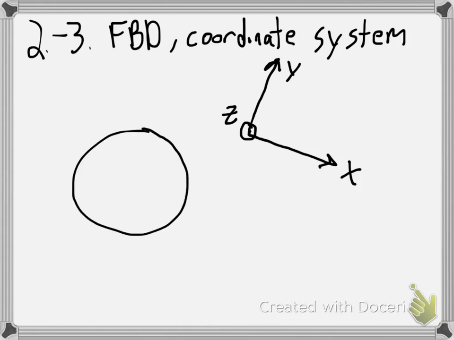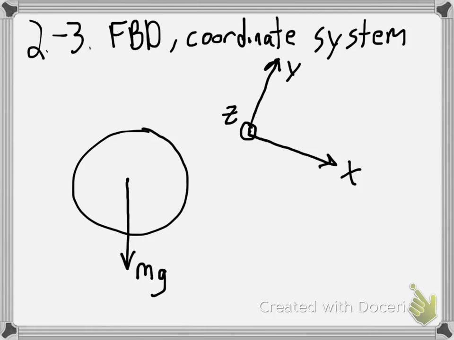And what are my forces acting on this object? Gravity, the weight, and it acts from the center of the object. All three of these objects have a center of mass in the center of the object. They're all homogeneous objects.